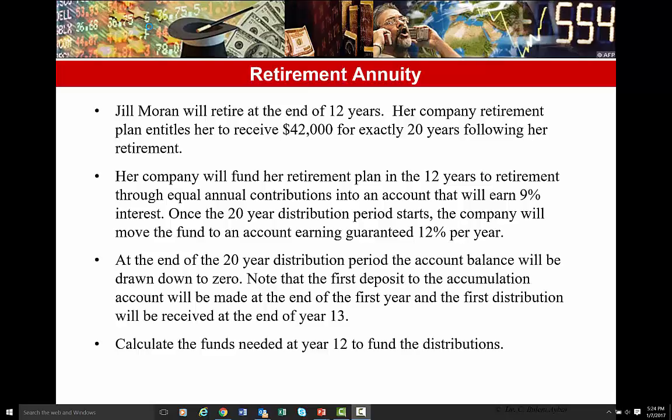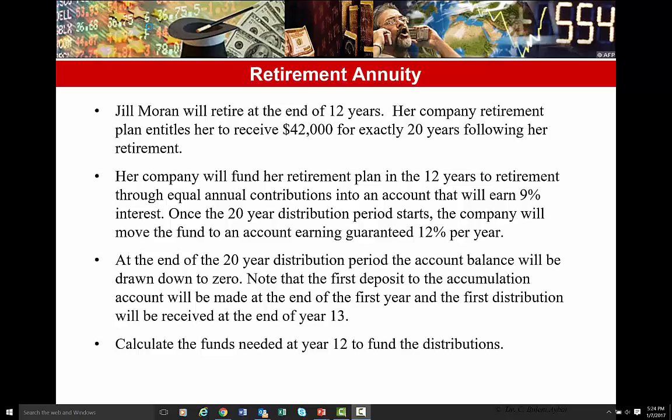Once the 20-year distribution period starts, the company will move the fund to an account earning guaranteed 12% per year. So during the accumulation period, as she puts a certain amount of money, or the company on behalf of her puts a certain amount of money, that invested amount is going to earn 9% interest.